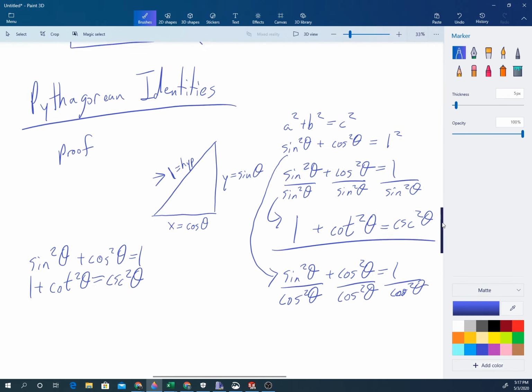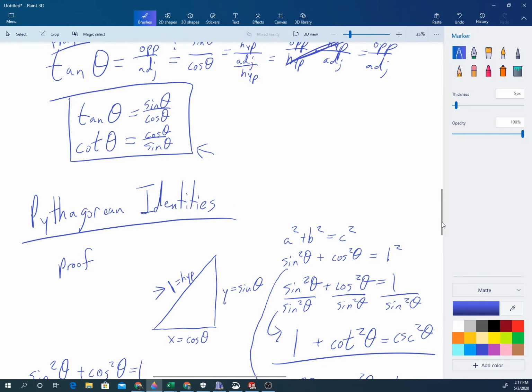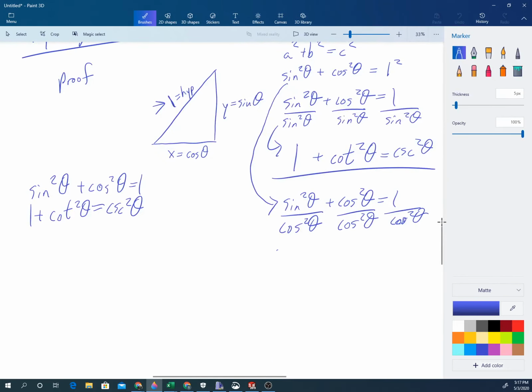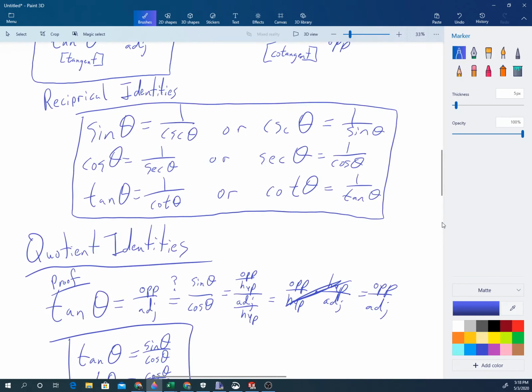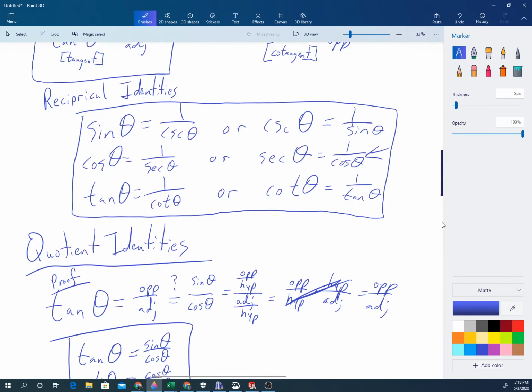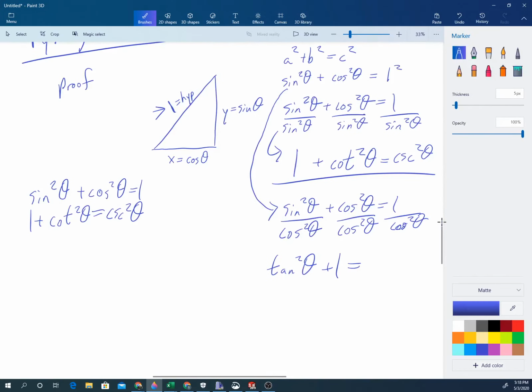My sine over my cosine, remember, was the same thing as tangent. So that's a tangent squared. Cosine over cosine is 1. And 1 over cosine squared from up here is the same thing as secant. So that's equal to secant squared.